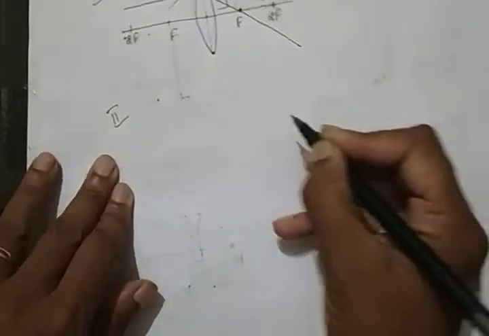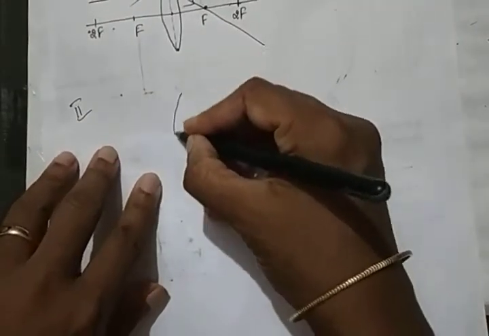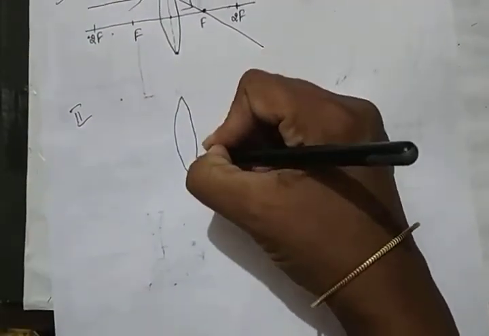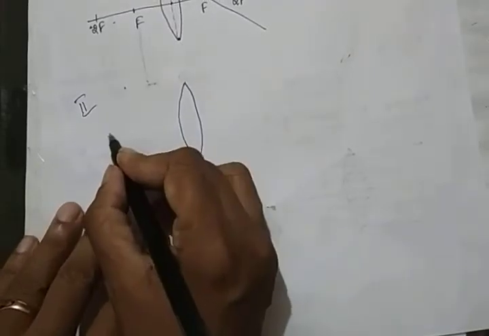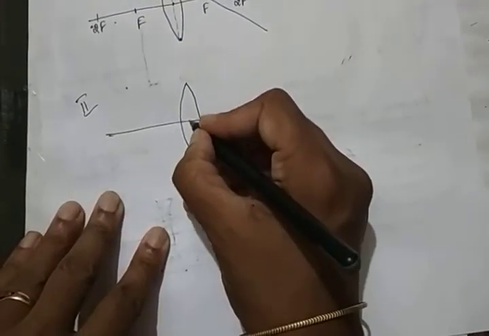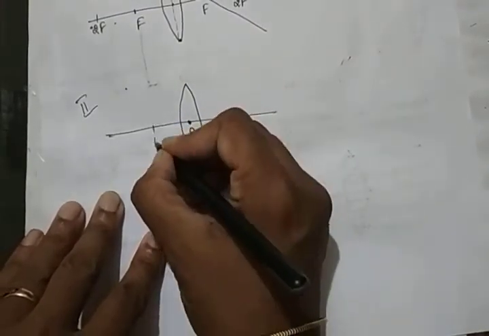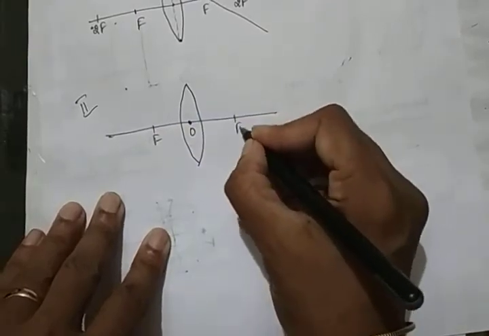That is the first rule. Second rule is just the opposite of it. Any ray coming through the principal focus, now this is the optical center, this is F and this is F.